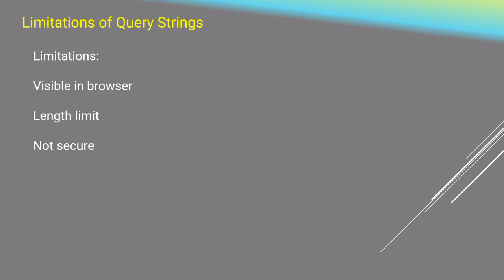But there are limitations. Query strings are visible in the browser, can be edited by users, and should not be used to pass sensitive data like passwords or personal information. Also, URLs have length limits depending on the browser and server.